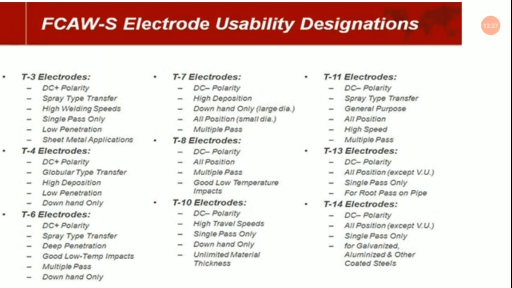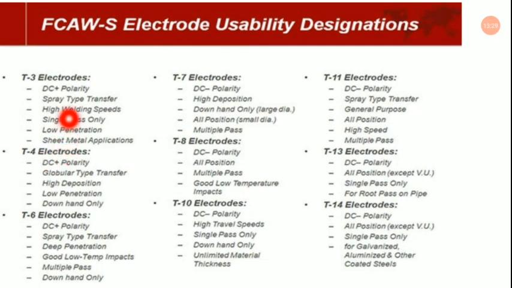Okay, now there are some electrodes commonly used in FCAW. T3 electrodes: DC positive polarity, spray type transfer, high welding speed, single pass only, low penetration, and sheet metal applications are given over here. Similarly, there are also T4, T6, T7, T8, T10, T11, T13, T14 electrodes used, and they have different advantages as well.